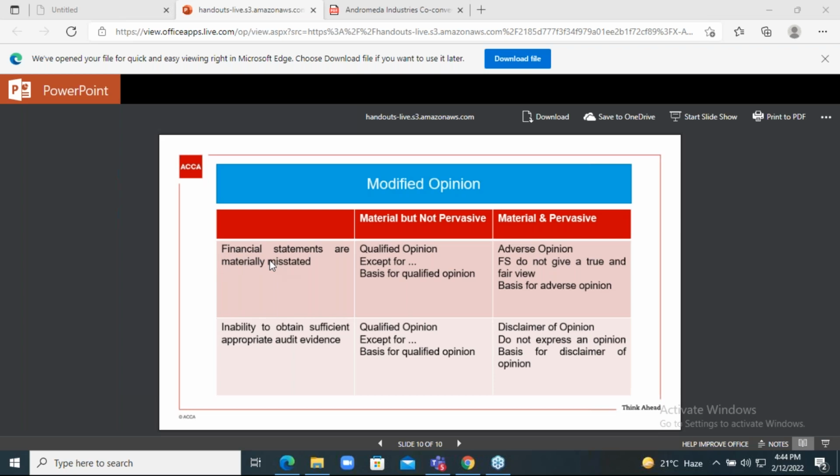Rubaid is asking a question. Can you say that the three things described as pervasive are the maximum? Yes, these three are the summary of all these things.